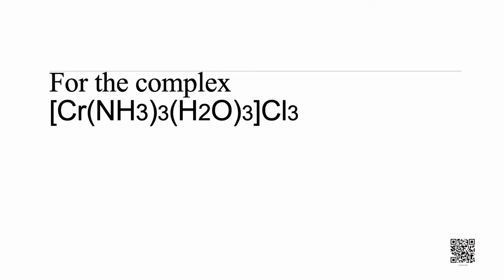For the given complex, let us work out the following. The central atom or ion is chromium 3 plus here. Ligands and their types are ammonia and water. Both are neutral and monodentate ligands. The oxidation number of the central atom or ion here is +3.